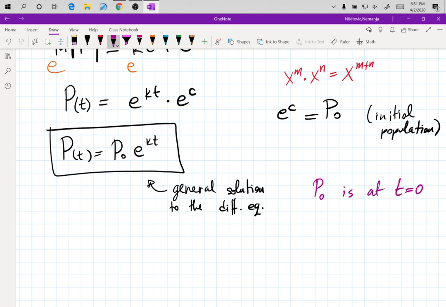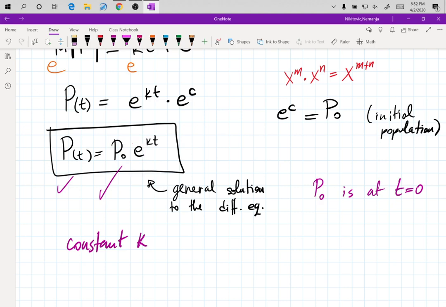Now we get to the interesting part, and that's this k, constant k. Some also call it the proportionality constant k. So what should I do? Well, first of all, I want to understand what k is for, because it's not just there for decoration. This is an applied problem, and in an applied problem, every single letter needs to represent something. e is not a letter, e is a function.